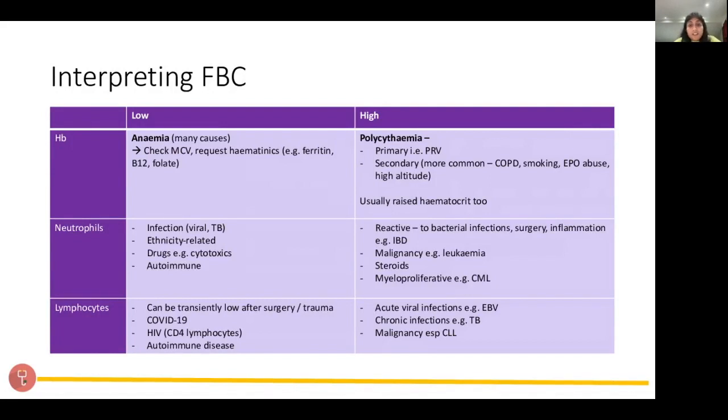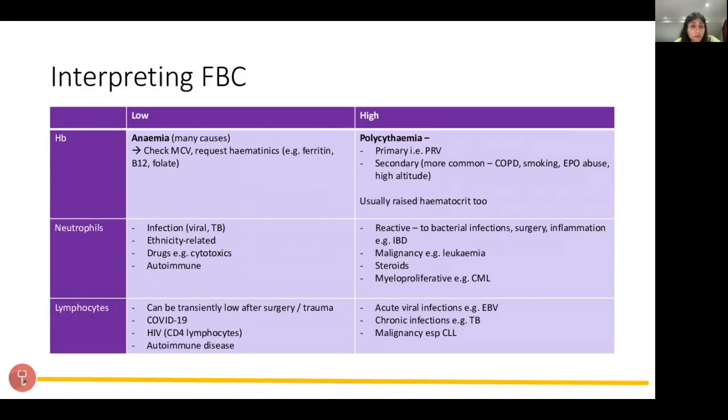But they can also be high after surgery, inflammation, etc. The other thing is, some ethnic groups also have a higher probability of having lower neutrophils, and it's fine, it's not worrying at all, but I think it's Afro-Caribbean ethnicities in particular that have hereditary low neutrophils, but they're not concerning and we don't do anything about them.